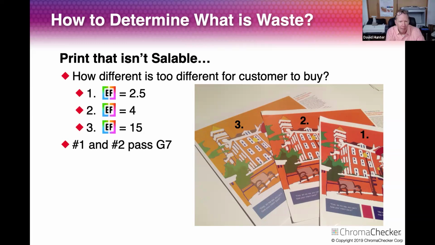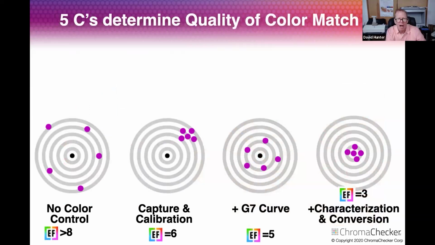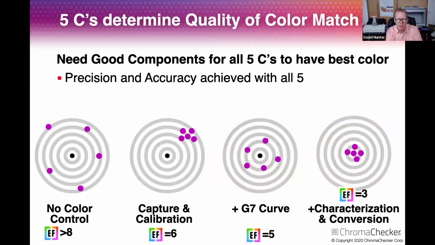Now, I talk about 1 and 2 pass G7, number 3 doesn't. Now let's go back to our graphic here of precision and accuracy. So no color control, I would say a good 40% of the printers that print today have no color control. It's any way, any day. And they're typically printing at an 8 within a job, between jobs, different printers.